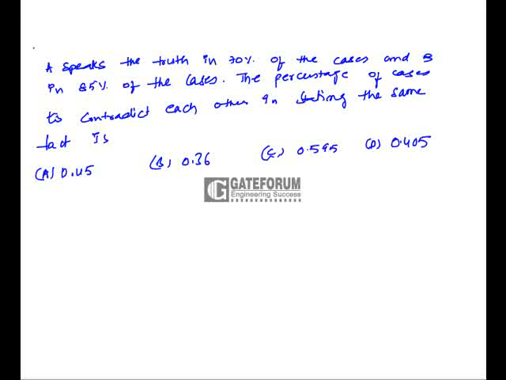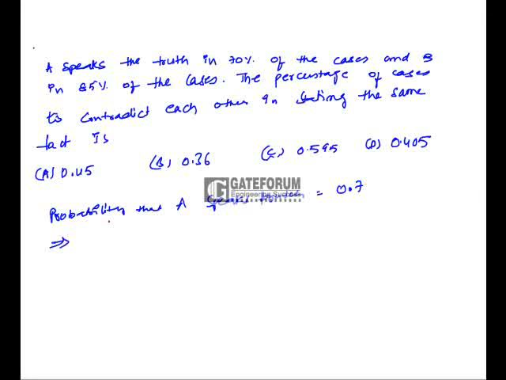Here it is given that A speaks truth in 70% of the cases. That means probability that A speaks truth is 70%, that means probability would be 0.7.